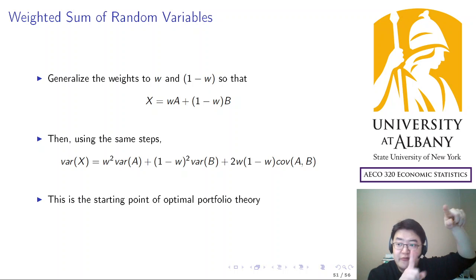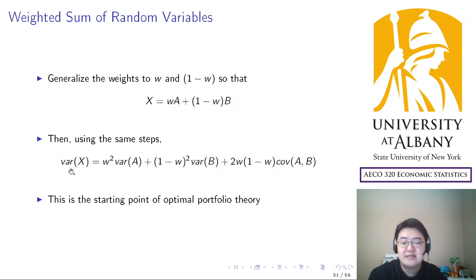You have to find the minimum point, the point that minimizes the variance. That is how you find the optimal portfolio. But it's not a complete theory. I did not teach you everything. If you're interested, you should take a financial economics class. I believe it should be taught there.